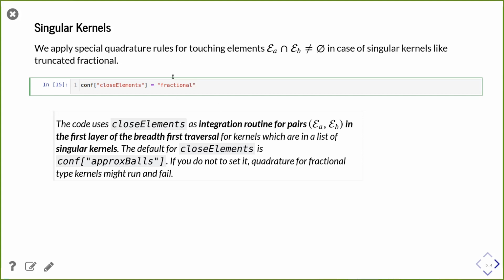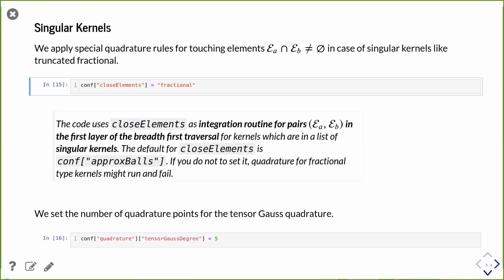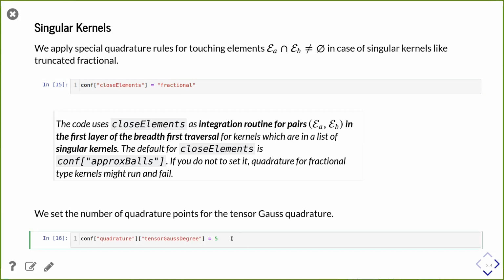Here, in our case, we use this one, the fractional integration routine for this kernel. Now we need to set the number of quadrature points in that fractional type quadrature. The name is a bit misleading. We just set the number of points here.